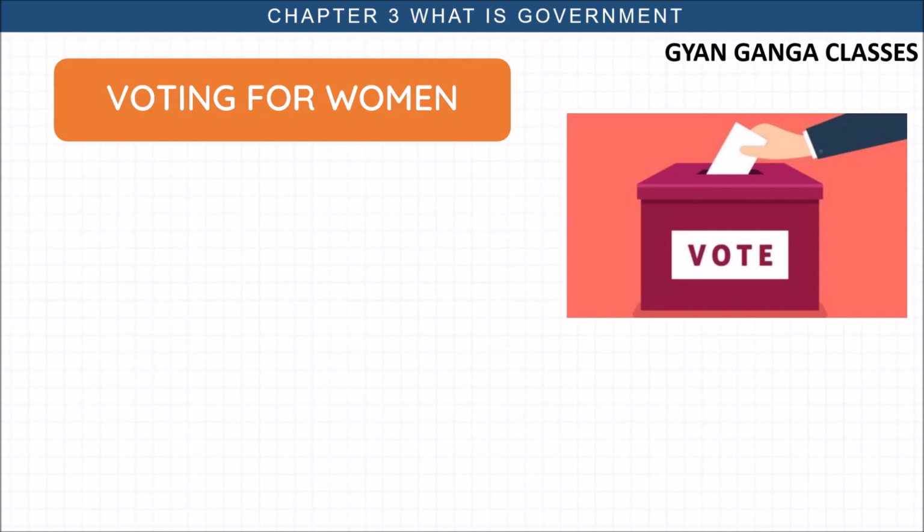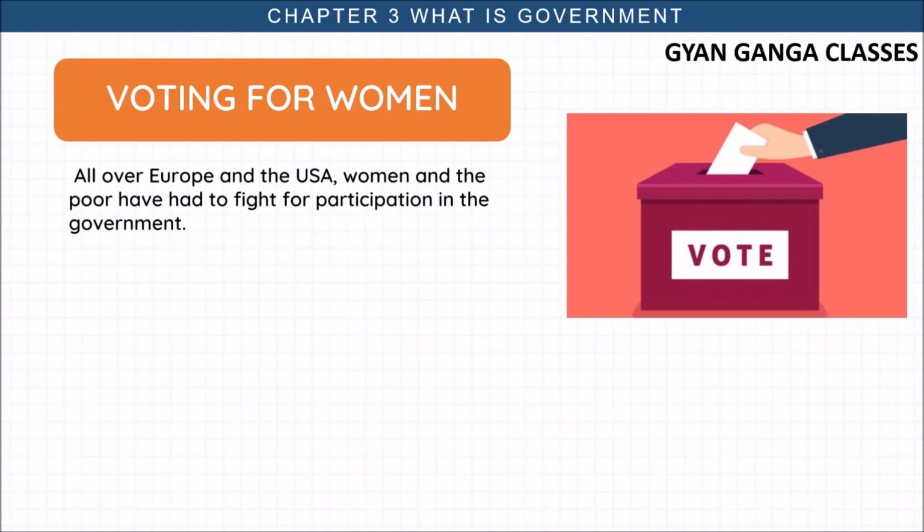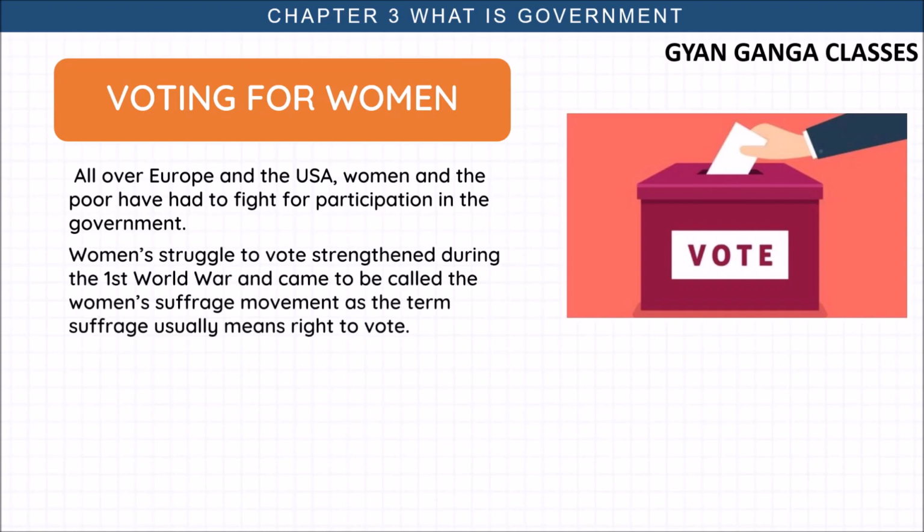But do you know, in earlier times voting was restricted to some prime members of the community, not the whole. Not just in India but all over the world, it was the condition that all over Europe and the USA, women and the poor had to fight for participation in the government. They did not have the right to vote.